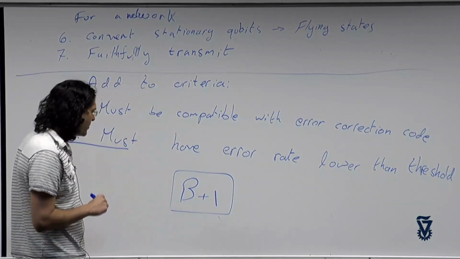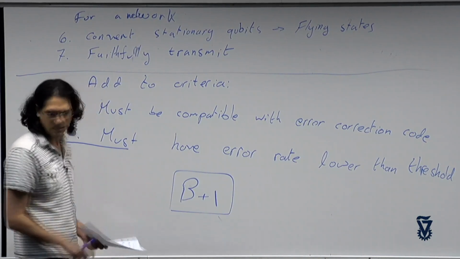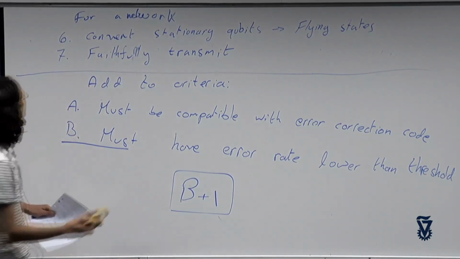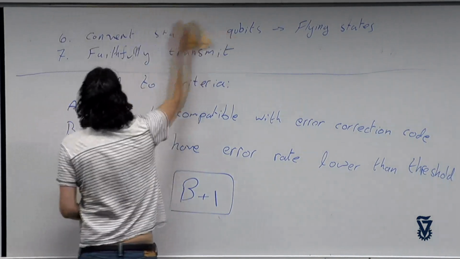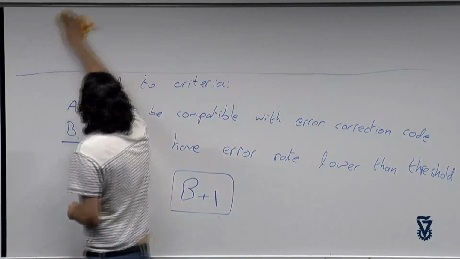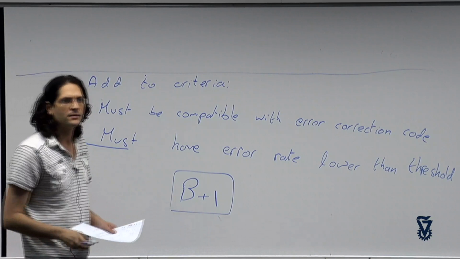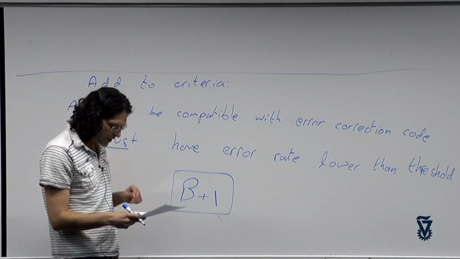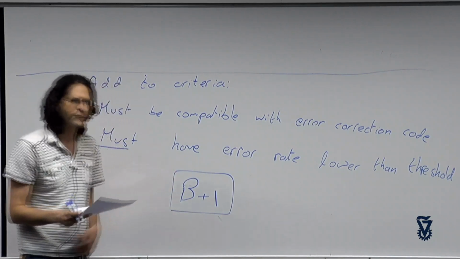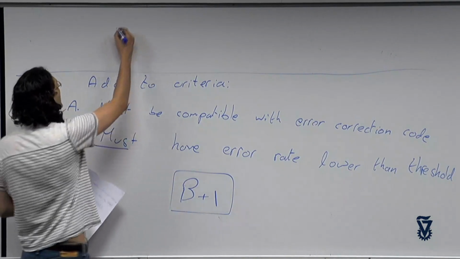But if you want to read up on that, here's a nice blog by Scott. I'll write it on the board. This is a fun discussion and a nice explanation by Scott Aaronson. Scott Aaronson is a computer scientist, very famous in the field of quantum computing, and he has a great blog.